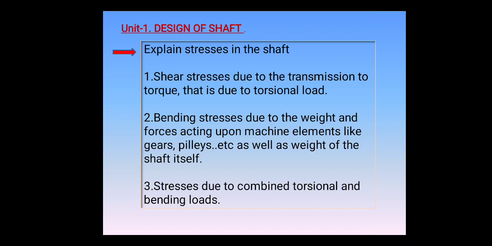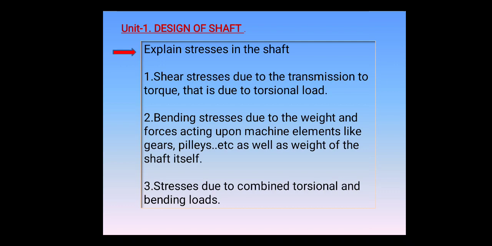And second, bending stresses due to the weight and the forces acting upon the machine elements, like gears, pulleys, etc., as well as the weight of the shaft itself. And third, stresses due to combined torsional and bending loads.